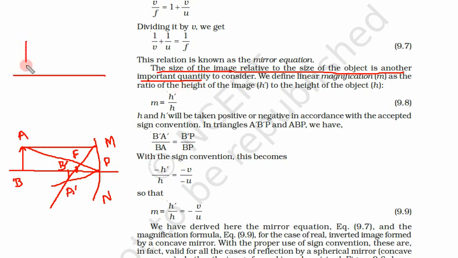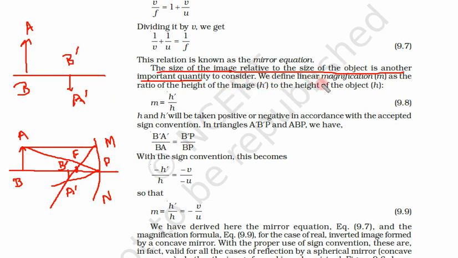So here, as we can see in this figure, this was our object AB, and here we got our image, B dash A dash. In this case our image was smaller, but in some cases the image would be larger, or could be of the same size.